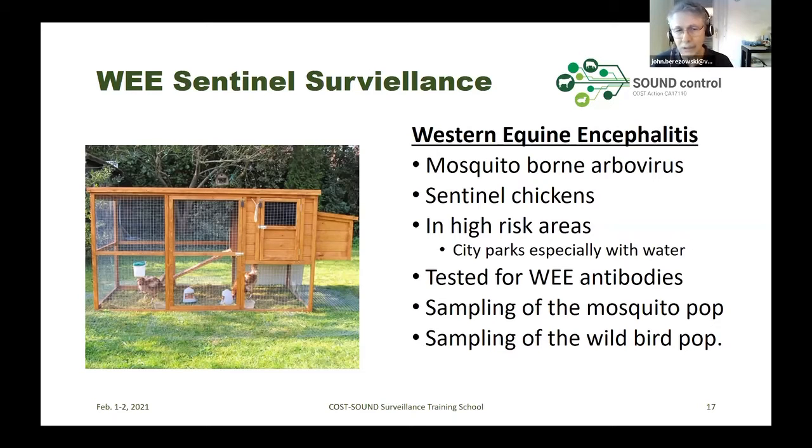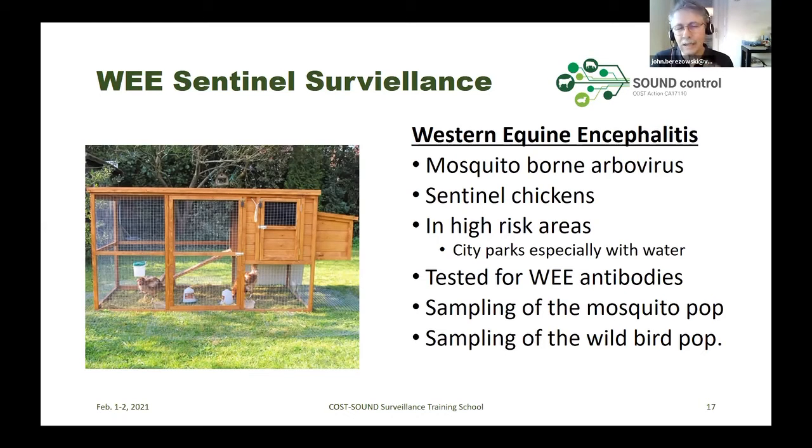So what we do is we have these little chicken farms in city parks, especially those close to water sources. And because birds are the reservoir for Western equine encephalitis, the chickens are blood tested every week, and antibodies for Western equine encephalitis virus are tested.